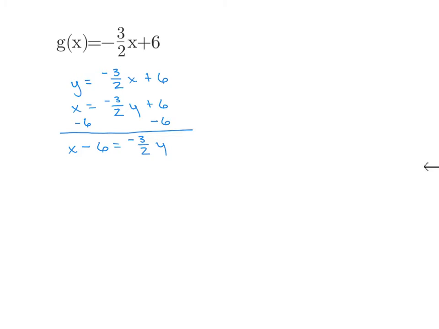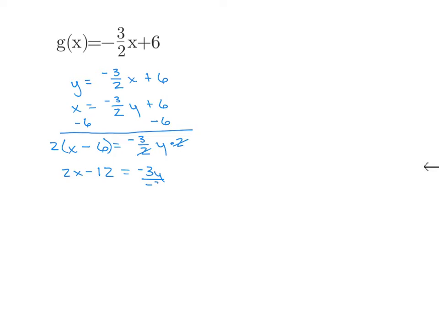And now, what can we do? We can multiply by 2 to get rid of the 2 in the denominator. We can distribute it on the left side, so we get 2x minus 12 equals -3y.